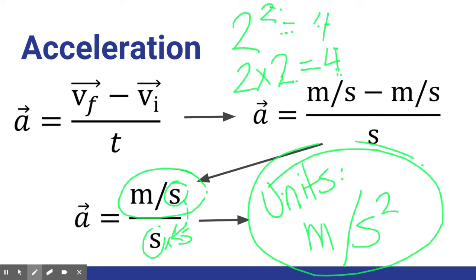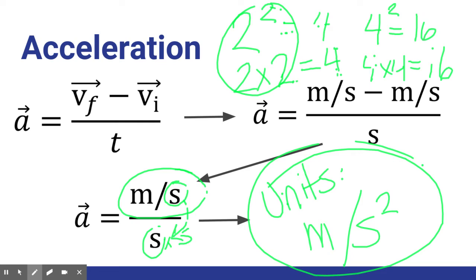Or if you want to say 4 squared, that would just be 4 times 4, which is 16. If you had 3 squared, that's the same as 3 times 3.